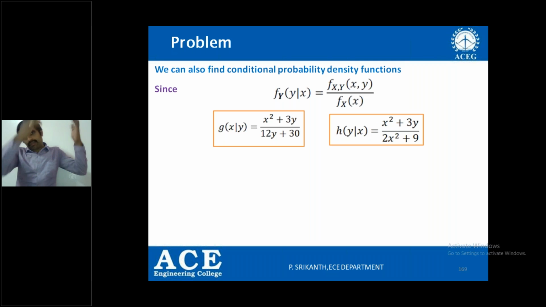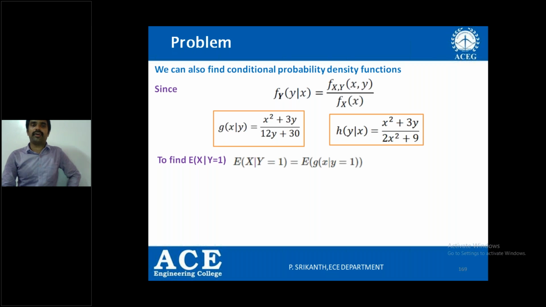Now from the marginal functions, I got the conditional density functions. But what is my target? To find the expectation, the mean value, expectation of x given y equal to 1. We know the formula. What is the formula? Yes, the summation: expectation of x given y equal to 1 is the summation, x equal to 1 to 4, of x into g of x given y equal to 1, using the conditional density function. That is the expectation formula, right?